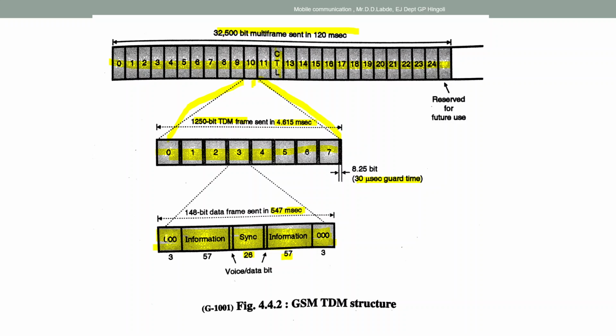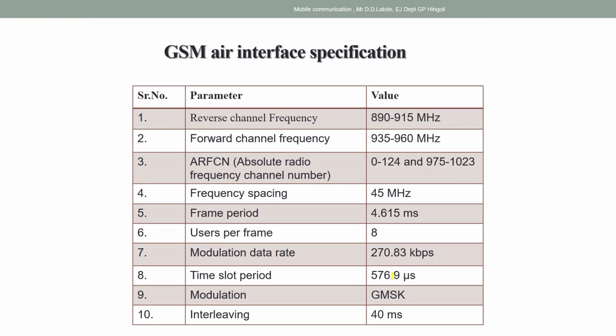In one frame you have starting bits of 3 zeros and ending bits of 3 zeros for the protection of your data. In between the two information fields there is a sync field to synchronize your data when the receiver receives it. That is nothing but the GSM TDM structure.